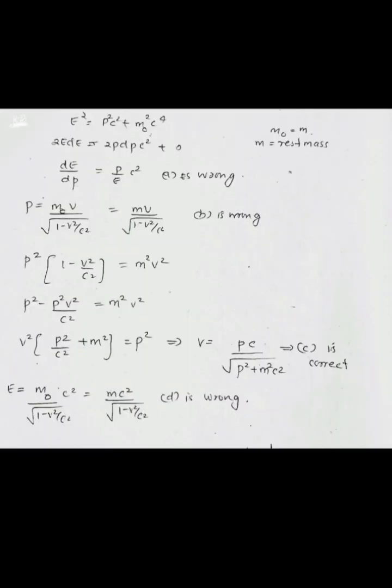The next question is, let v, p and E denote the speed, magnitude of momentum and the energy of a free particle of rest mass m. Then we need to find which expression is correct. We know that E² is equal to p²c² plus m0²c⁴, and here m0 is equal to m, where m is the rest mass.